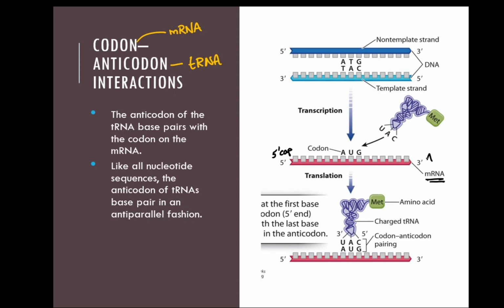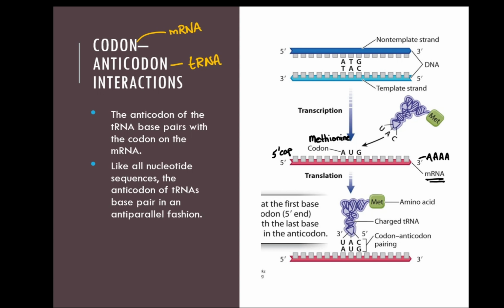It also has a poly A tail, which isn't shown here. The messenger RNA is going to sit on that small subunit, and it's going to scan down that messenger RNA until it hits the AUG, because this is the codon for methionine. That indicates this is the start of the protein.